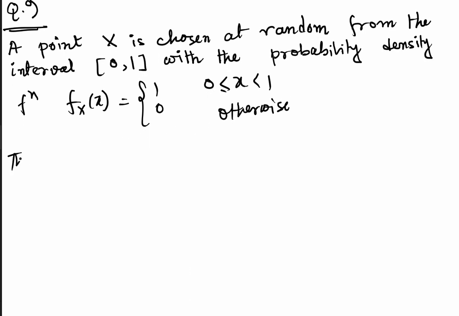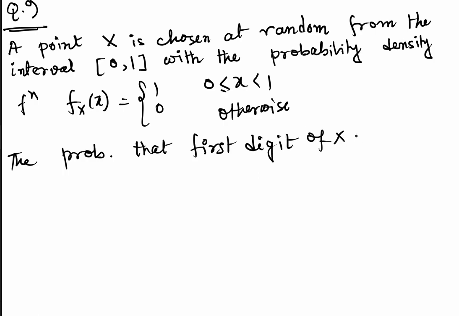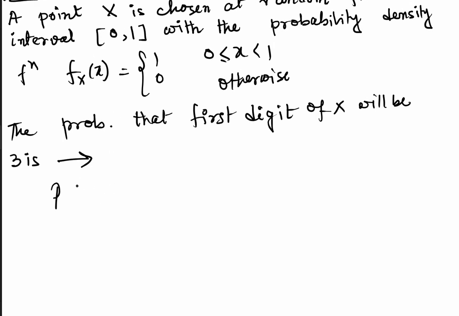The probability that the first digit of x will be 3 is, what is the probability of this? That means this point has to be greater than or equal to 0.3 but less than or equal to 0.4.